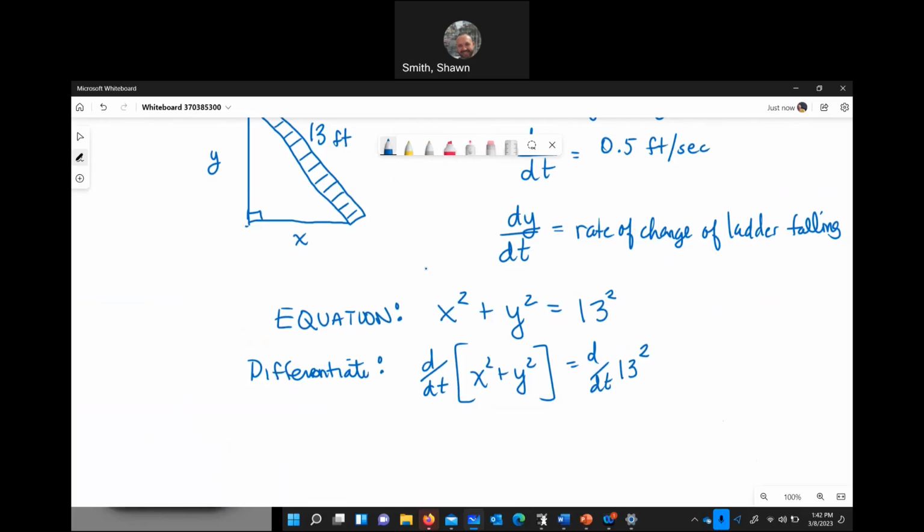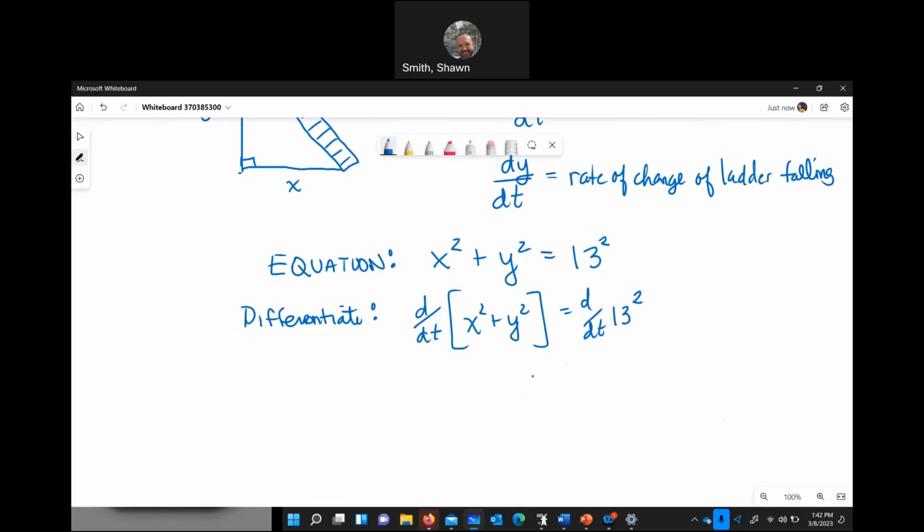Keep in mind, this is always with respect to time, so the chain rule applies. The derivative of x squared is 2x times dx/dt. Same for y, 2y times dy/dt, equals the derivative of 13 squared, which is 169.